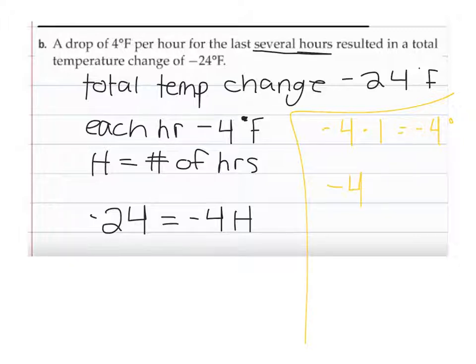If 3 hours passed, I would go negative 4 times 3 hours, so negative 12 degrees it would have dropped. So that's why I put the negative 4 multiplied by the number of hours.